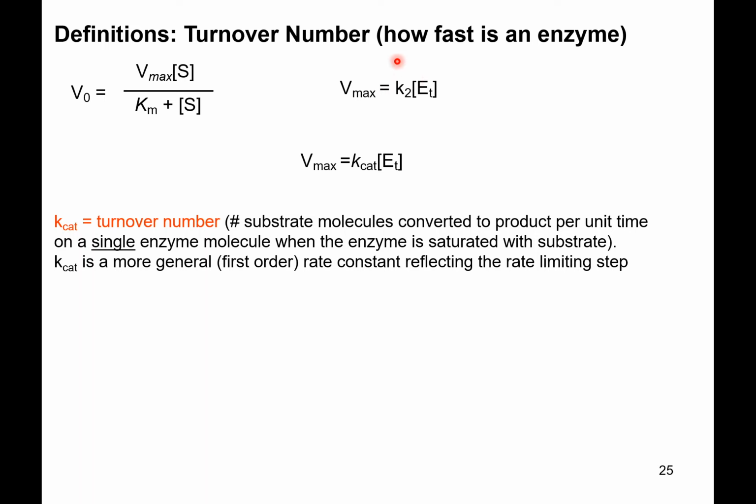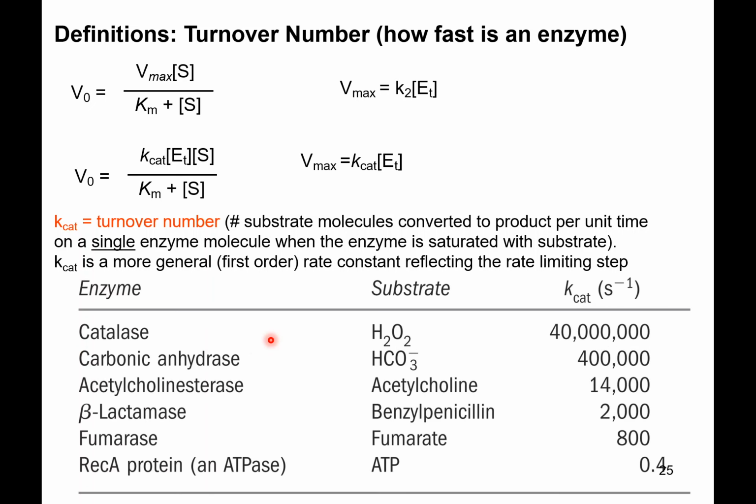Okay, so we can write, Vmax equals K2 times that enzyme. We can write this as K2 equals Kcat, right, in the situation where we have a substrate that is saturated. Right, and we can plug that Kcat times enzyme concentration into our Michaelis-Menten equation in place of Vmax.